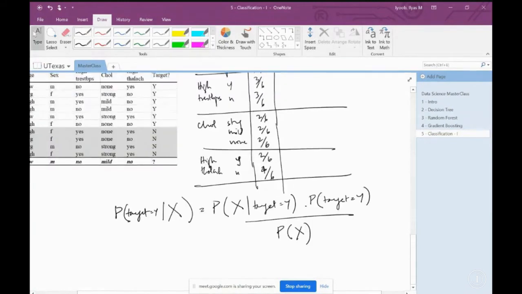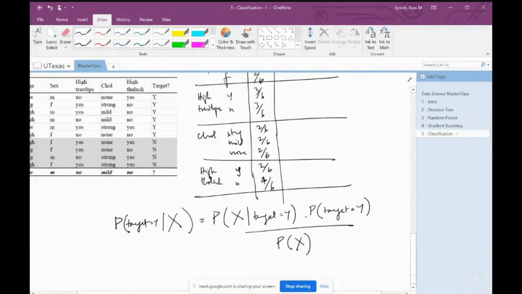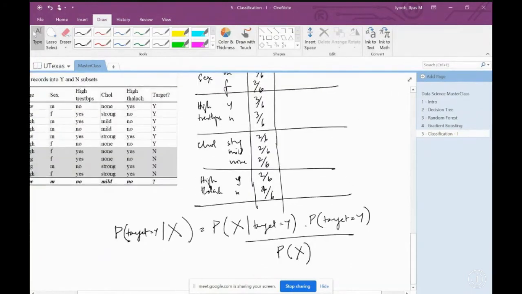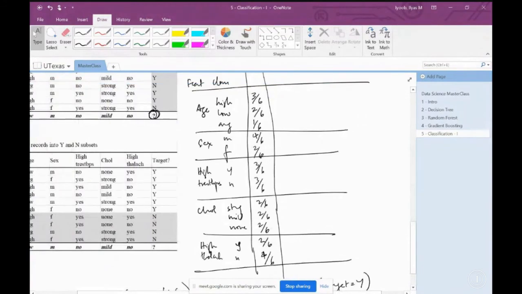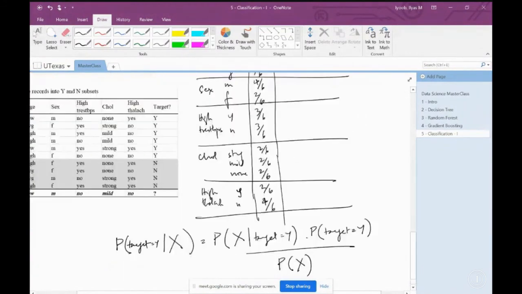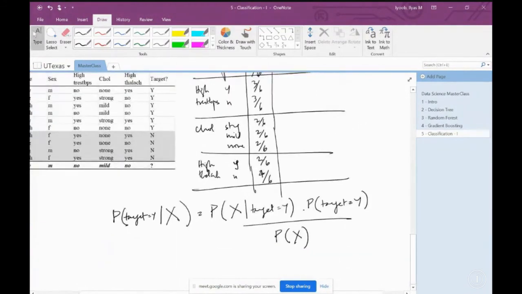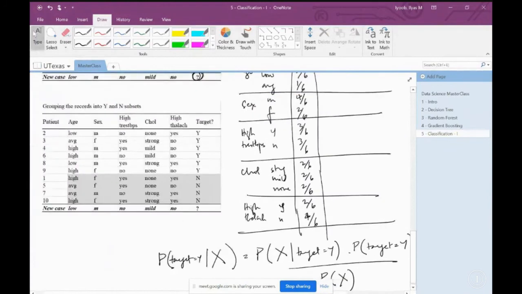So now notice that when we are writing this down, how do we estimate the probability of X given target Y? That's these values, right? 3, 6, 2, 6, 1, 6. That's all we have. Now let's take a look at our new case.